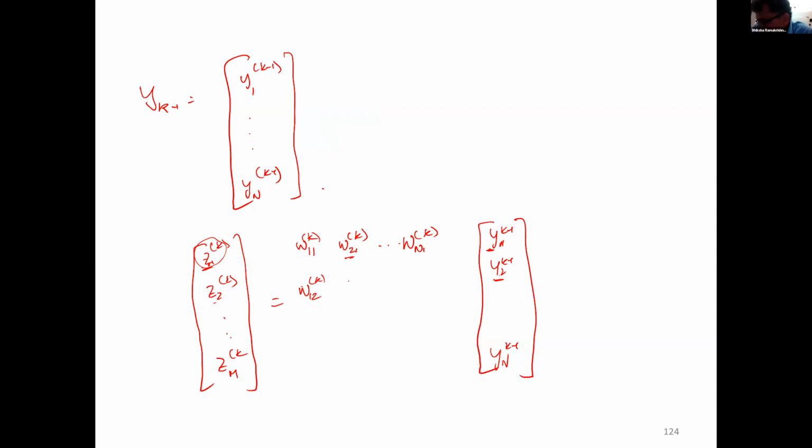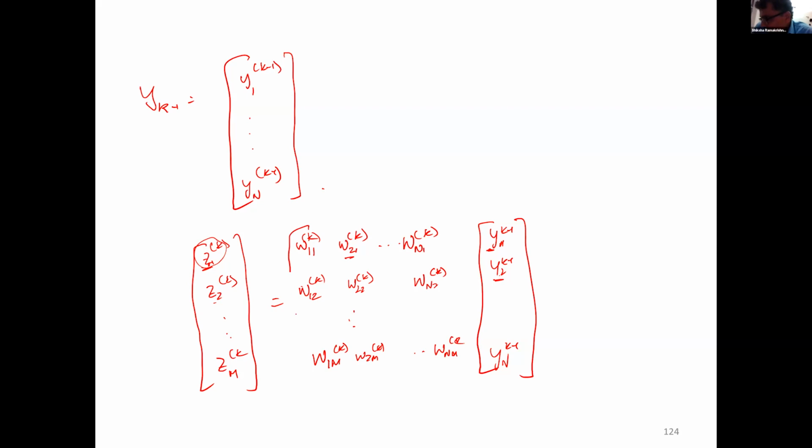This is going to be W22k. The final one is going to be WN2k, correct? And then similarly for the last one, what's that going to be? W1Mk, W2Mk, all the way to WNMk, correct?